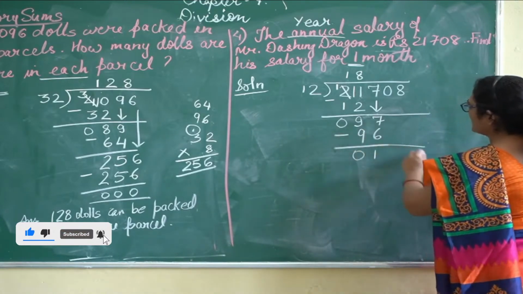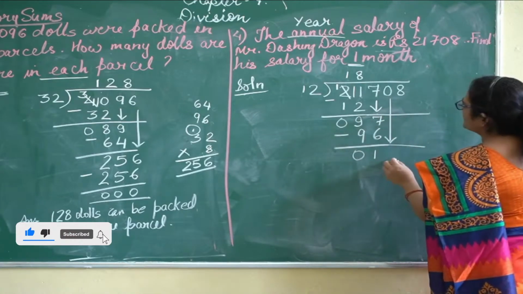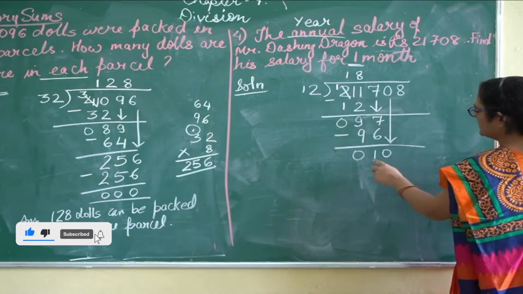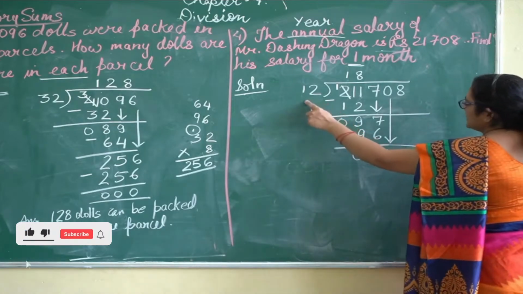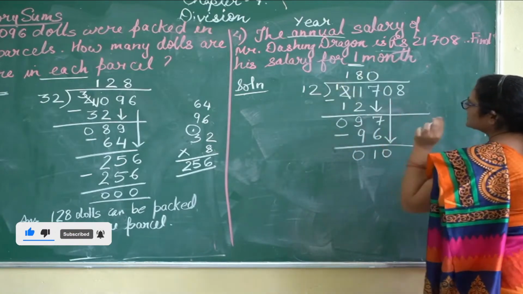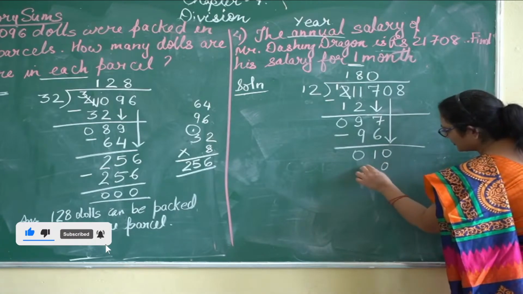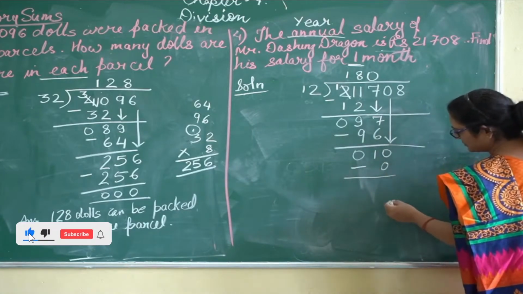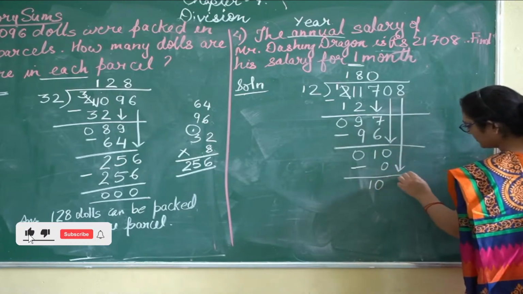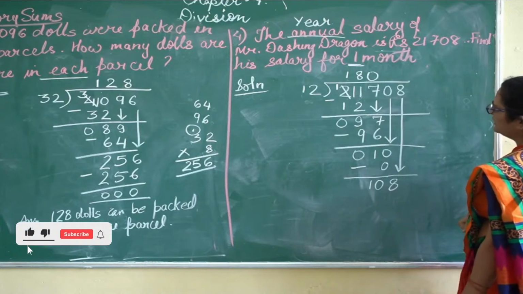Now what will be the next step? You have to bring the next number down after subtraction. What will we bring down? 0. This will become 10. 10 is smaller than 12, so we can't divide. 10 doesn't come in the table of 12. So what will we write? 0. 12 zeros are 0. 10 minus 0 is 10 only. Now what will we bring down? 8. So when does 108 come in the table of 12?